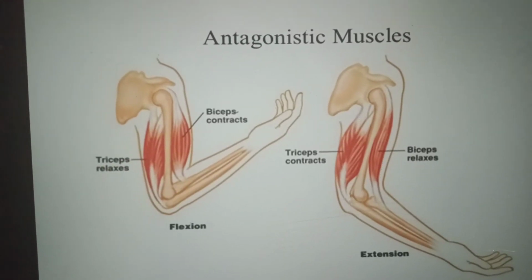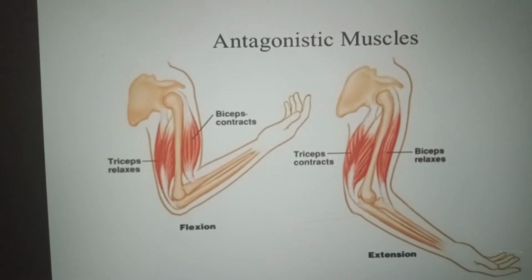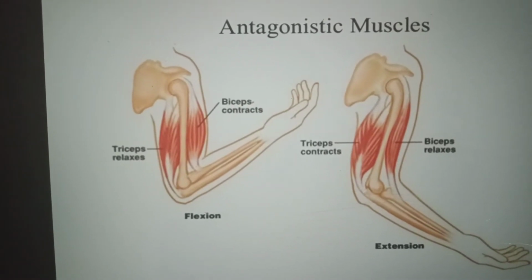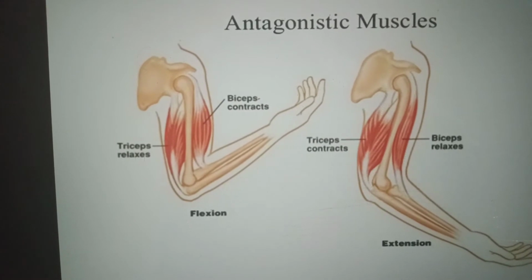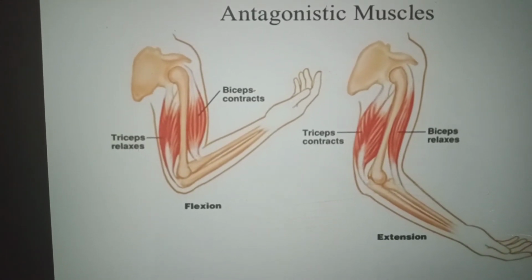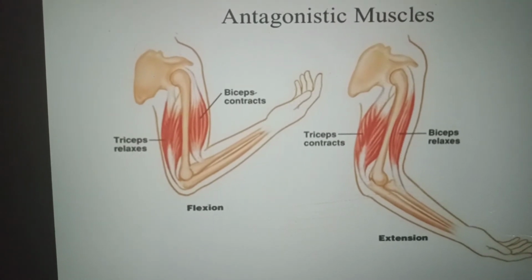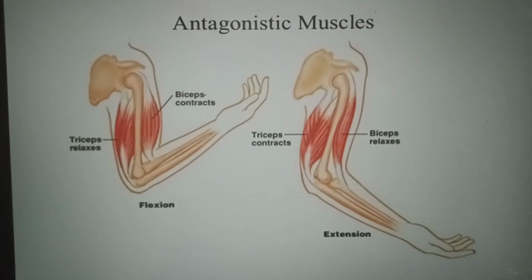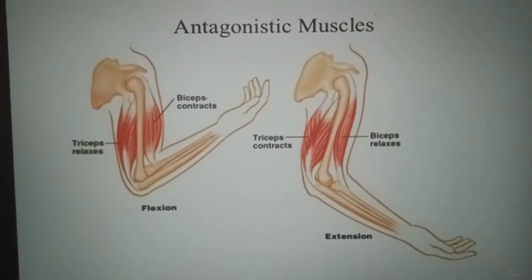Next, I will discuss the antagonists. Skeletal muscles are usually in pairs of antagonists. In an antagonistic pair, both muscles of the body work in opposite directions. For example, if one muscle contracts, the other will relax.